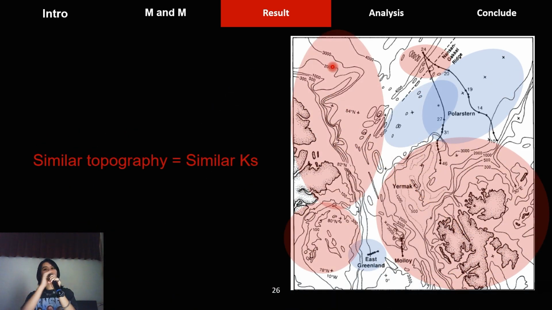So if you look through those figures carefully, you can easily notice that similar topography means similar Ks, which means we can apply the rough K value to all of the rough area in the Arctic, and the flat area has the same pattern.